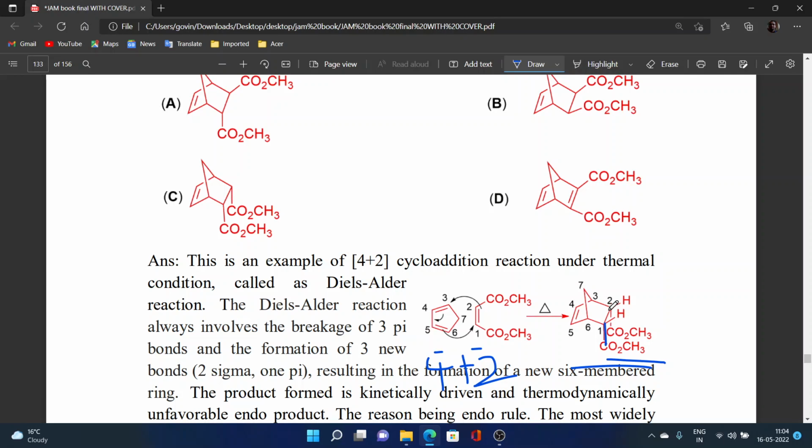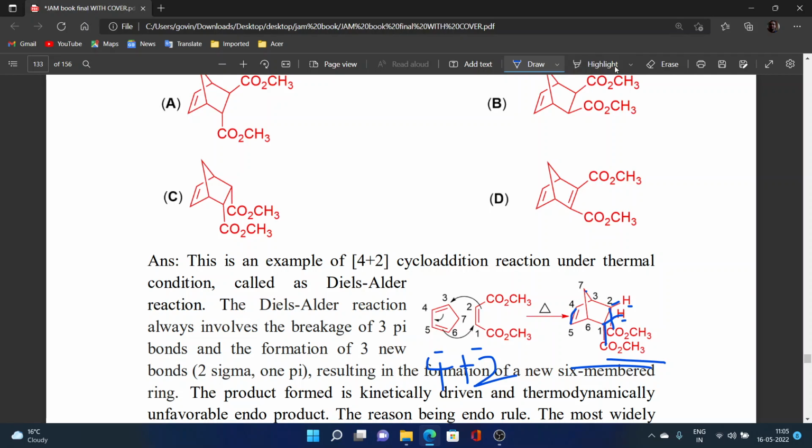Now you know the endo position is more sterically hindered than the exo position. The exo position is not as hindered as this endo position, because you can see here two carbons are there which are providing steric hindrance to this substituent, whereas in the exo position only one carbon is there, right?